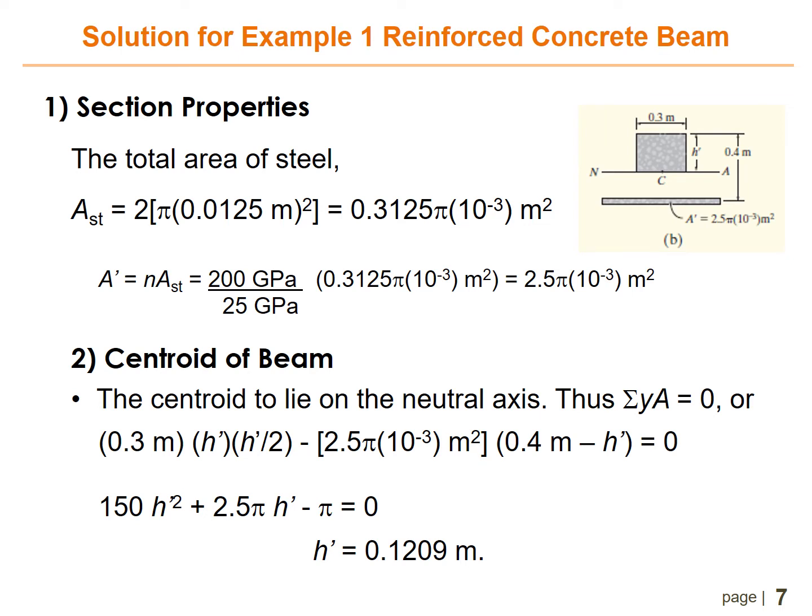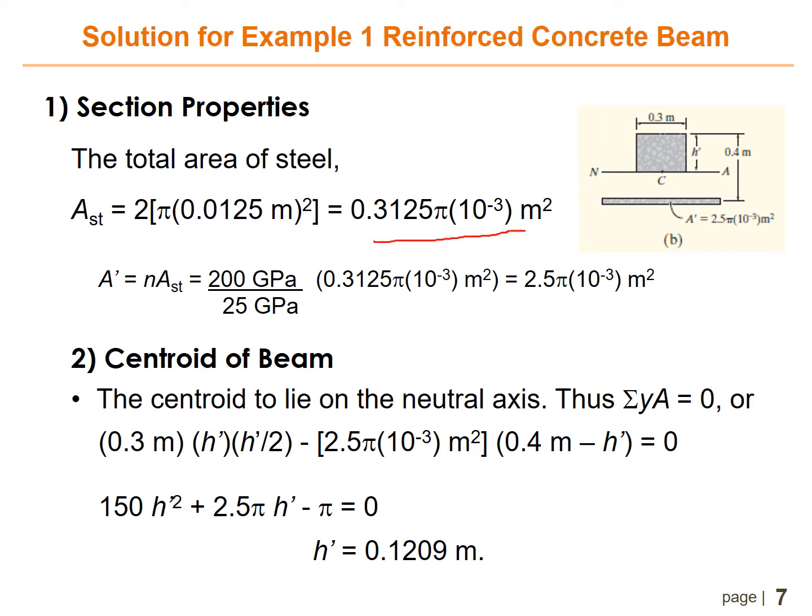The total area of steel, area for steel equals 2 pi r squared. So we get the area is 0.3125 pi times 10 to the power of -3 meter square.